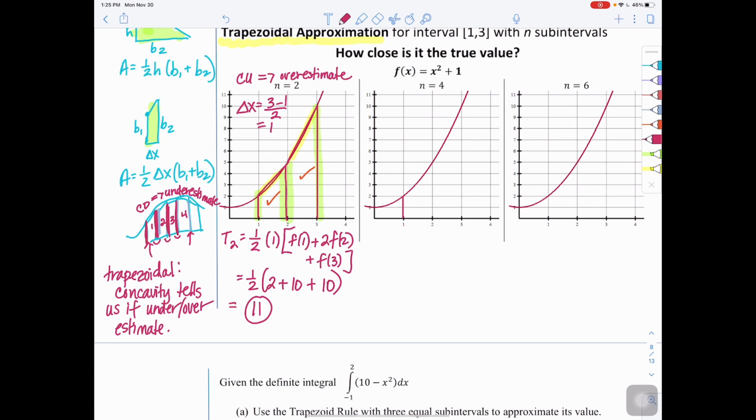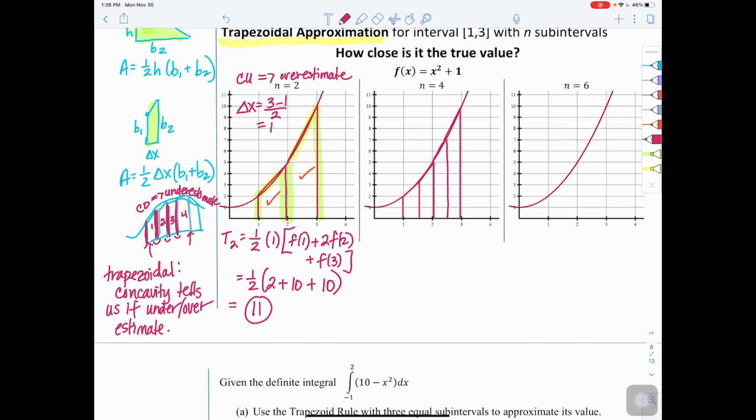So here is, not drawn very perfect, but of course trying to get the idea. Whoops, that was sort of a curve. And you can see these trapezoids are going to all have just barely above this curve because it's concave up.